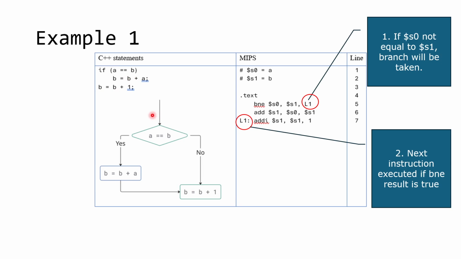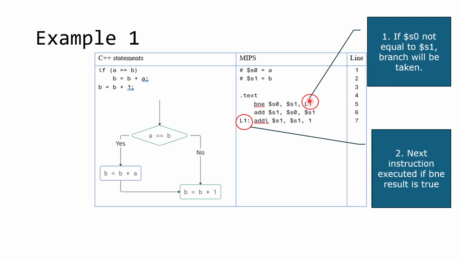You can see on the flowchart, if the statement is true, then there's an extra statement that they need to execute. But if the statement is false, then they only need to execute one statement, B is equal to B plus 1.